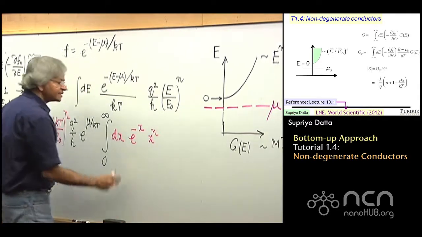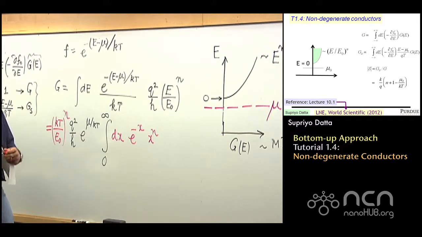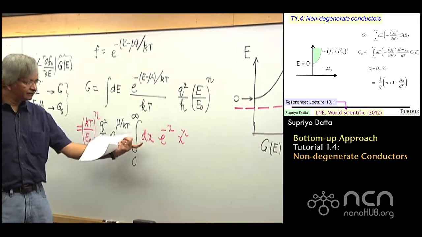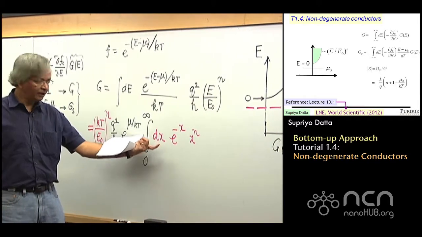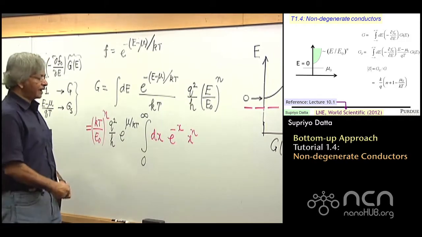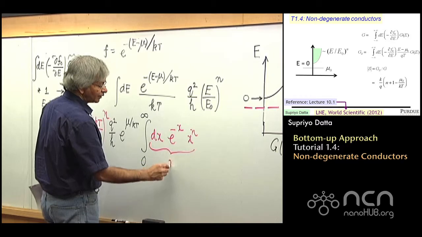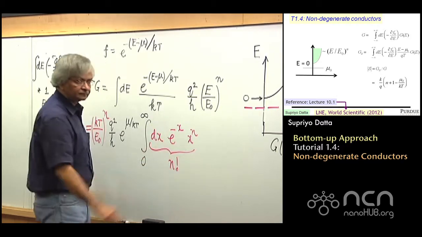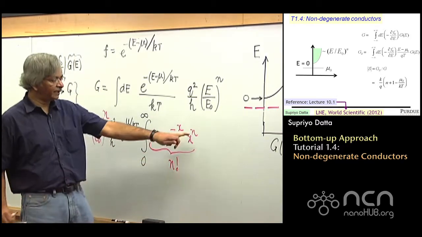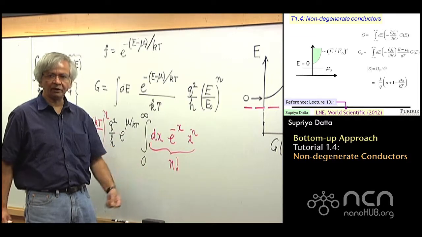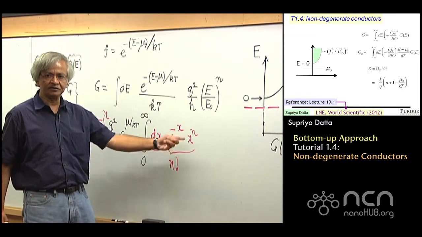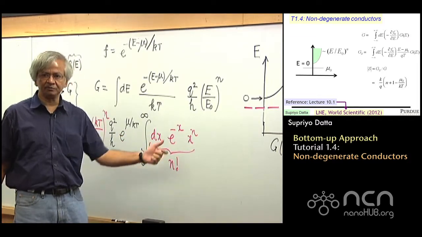And this is actually a standard integral, which I won't go through because you can look it up anywhere. And what it gives you when you do that integral is actually factorial n. So if, for example, n happened to be 1, the answer would be 1. If it was 2, it will be 2. If it is 3, it would be factorial 3, which would be 6.